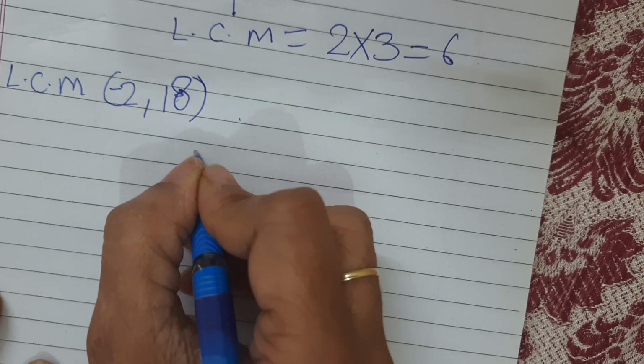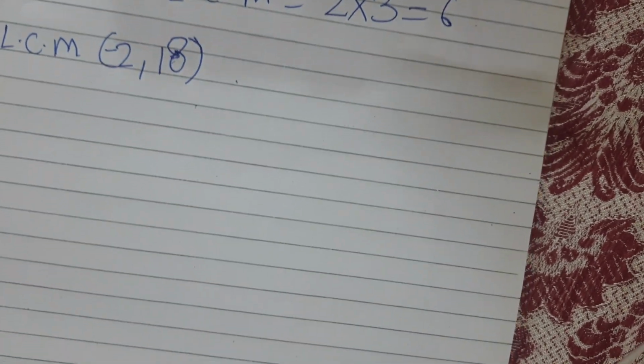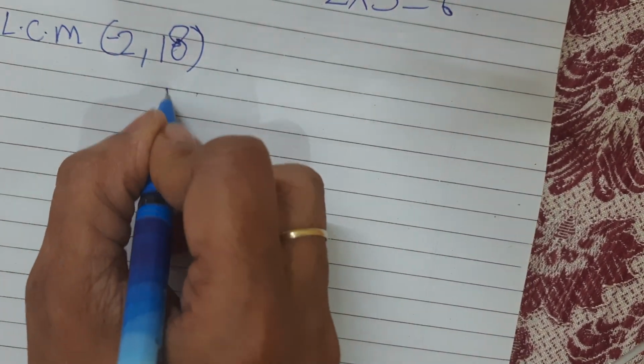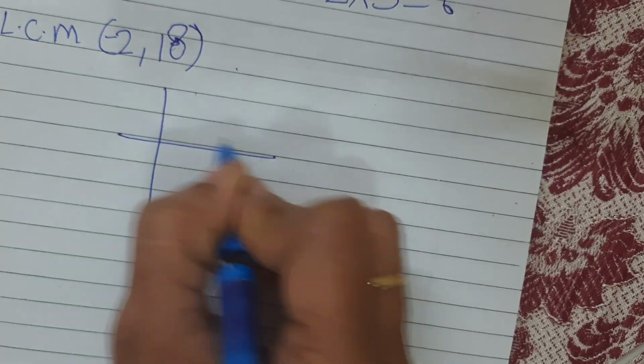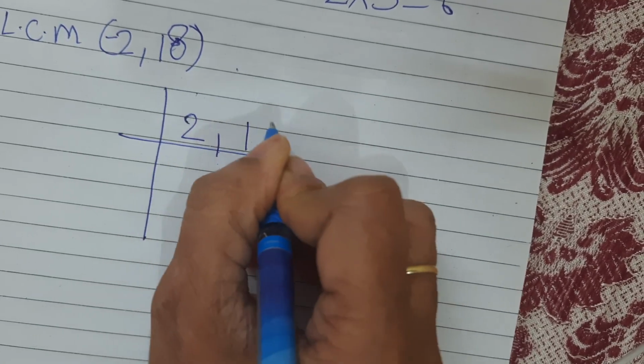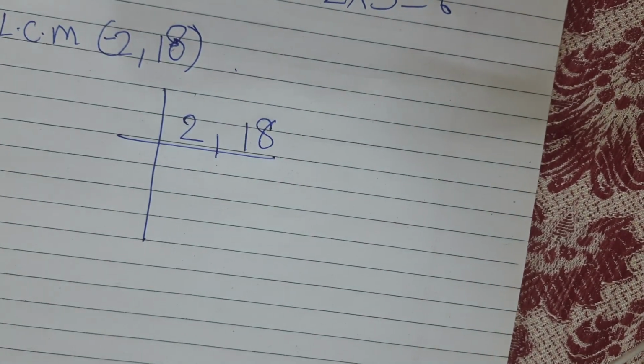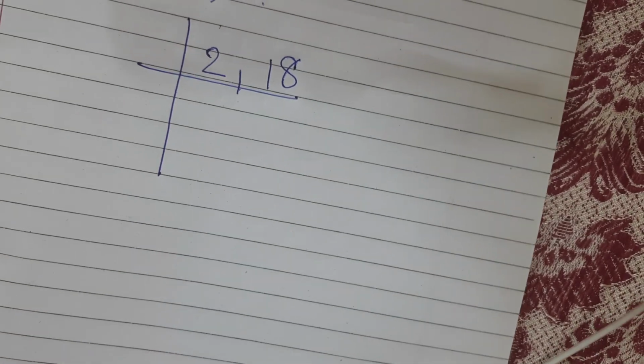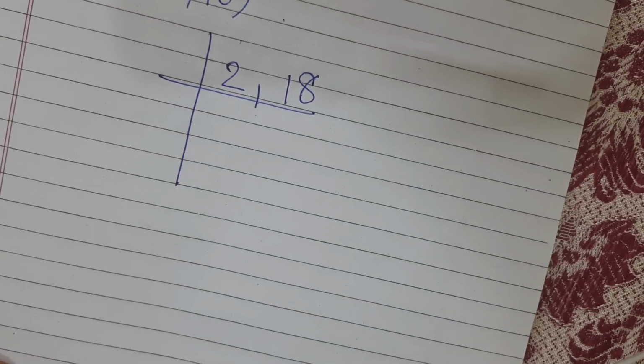Okay. So what I'll do is I will write 2 here and 18 here. Okay. And now where do we start? We start with 2.